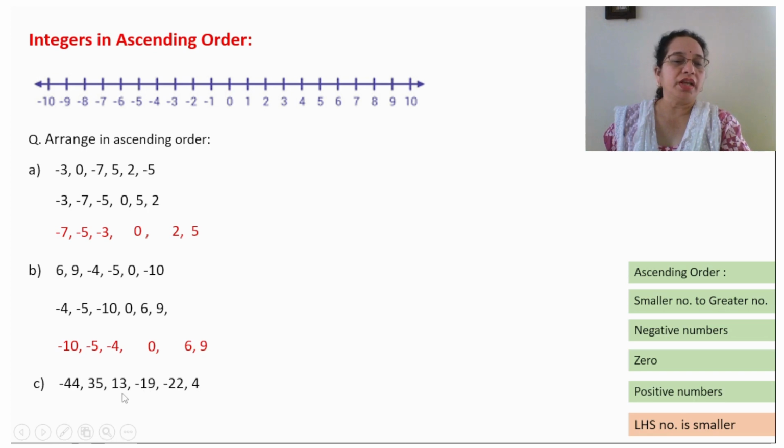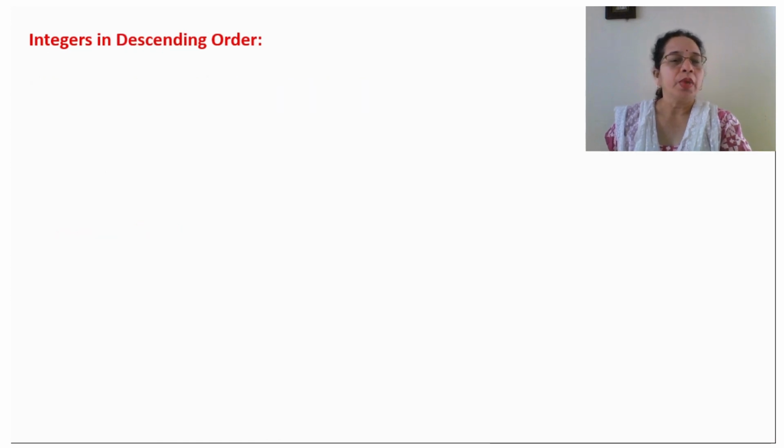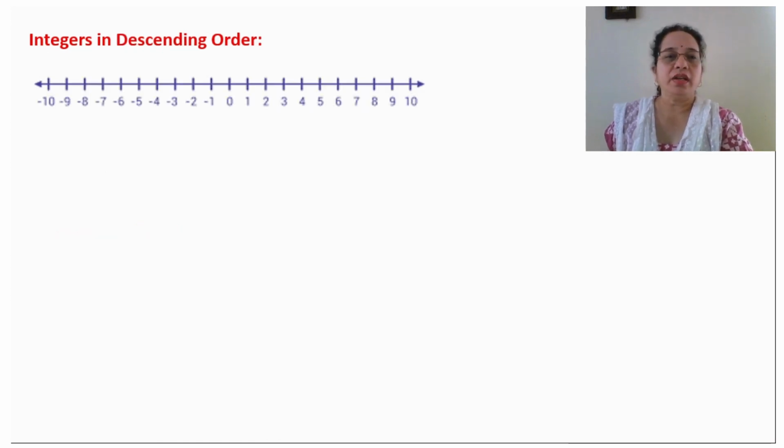So smallest negative integer will be -14, then -22, -19, 0 is not there. So now positive integers 4, 13 and 35. So this way directly you can write down the answer after getting the proper concept of arranging integers in ascending order.